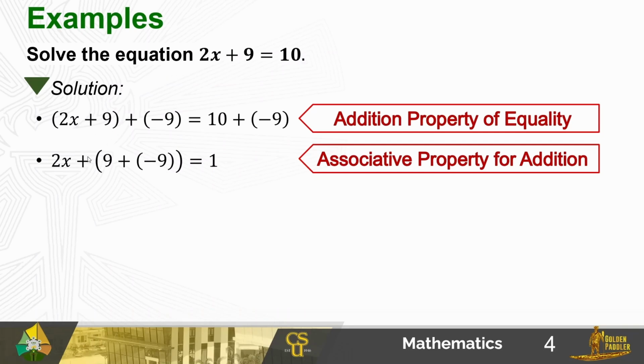Now, 9 plus a negative 9, we all know that that is equal to 0. So this becomes 2x plus 0 is equal to 1. What field property or axiom of equality did we use in order to get this result?